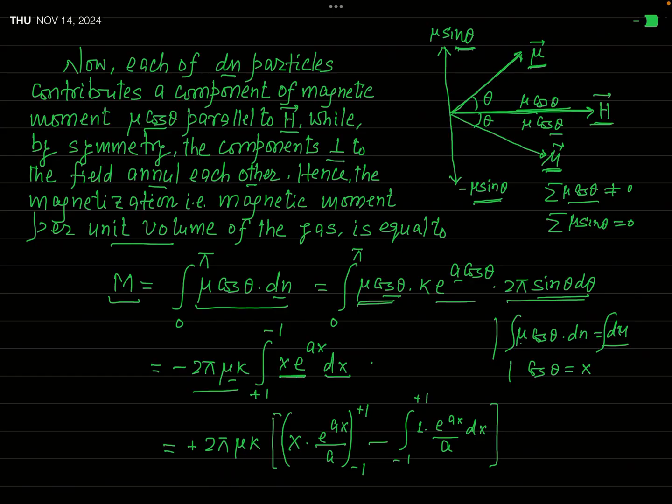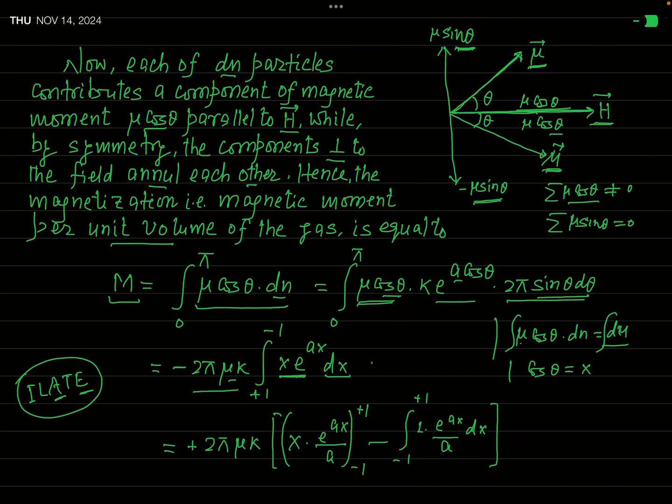And you know x is an algebraic function and e to the power ax is an exponential function. So from the formula of Euler, we must take the algebraic function as first function and the exponential function as the second function, and then apply the rule of integration by parts.